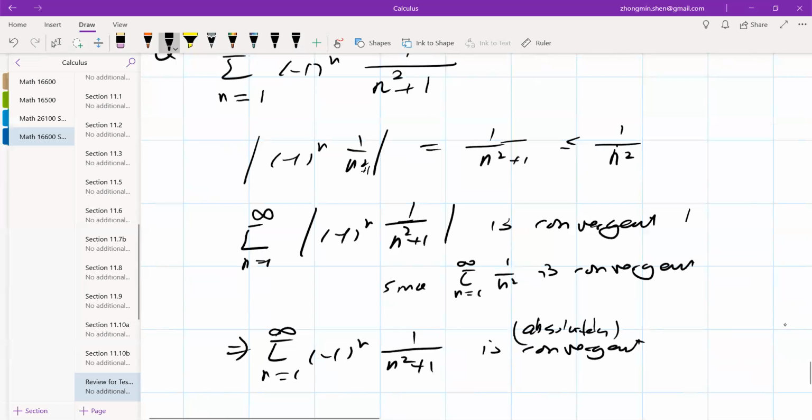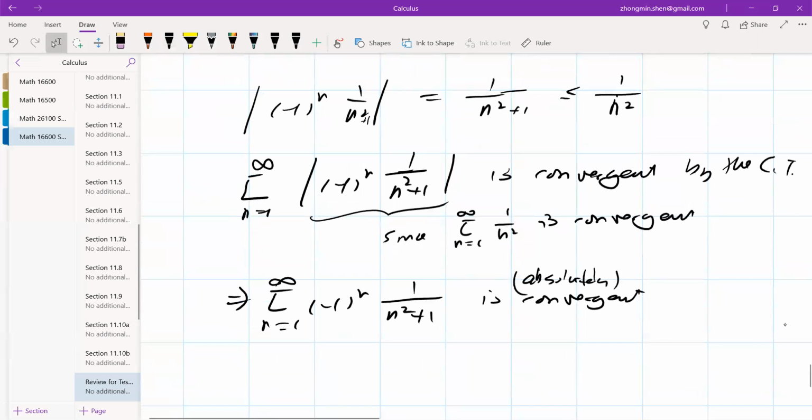This is convergent by the comparison test, since you compare two series with positive terms. Yes, this is also positive.